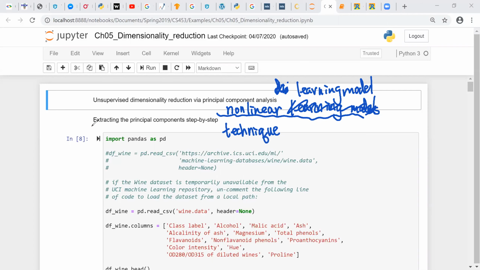No, the idea is, suppose you have data distributed like this, so those are one category, and the other category is distributed differently.